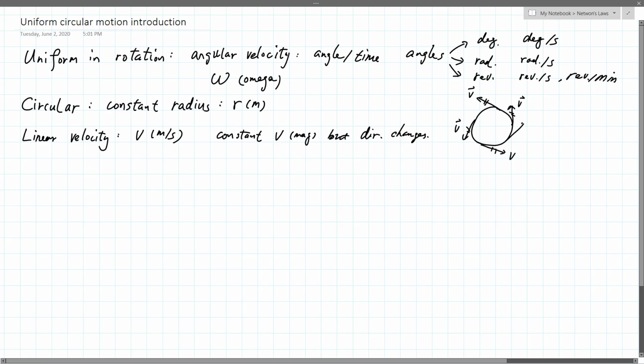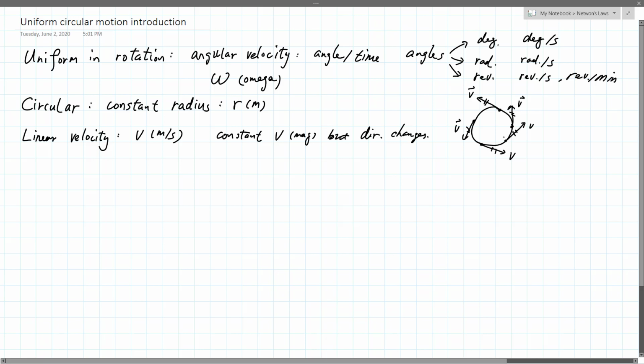Even maybe add another one, velocity v. So you'll be going around with the same exact magnitude. That means you'll be covering the same amount of arc distance per second, meters per second, also measured arc distance. So that's what you're doing in your uniform circular motion.